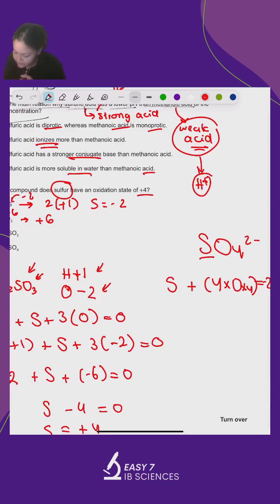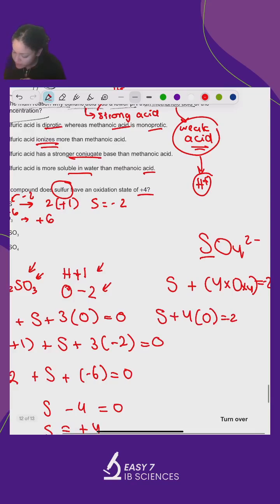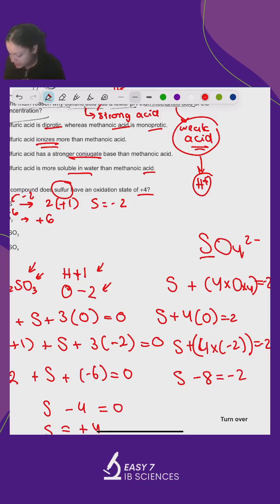Sorry, I know that's a bit cut off there. So sulfur plus 4 times my -2 for each of my oxygens should be equal to -2. So sulfur -8 should be equal to -2, so therefore sulfur here is equal to +6. Okay, so that's what that is.